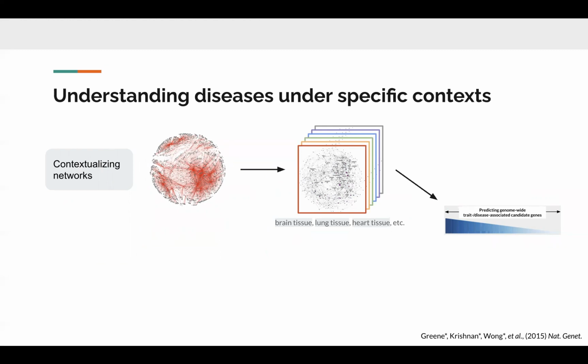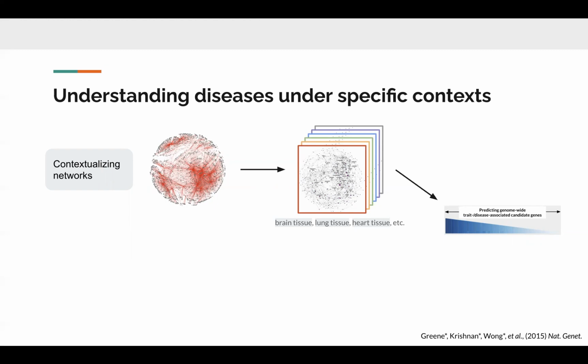In particular, modeling the human gene interaction networks under different contexts, such as tissue, can better take into account the heterogeneous nature of complex human diseases, where several hundreds of genes are involved.